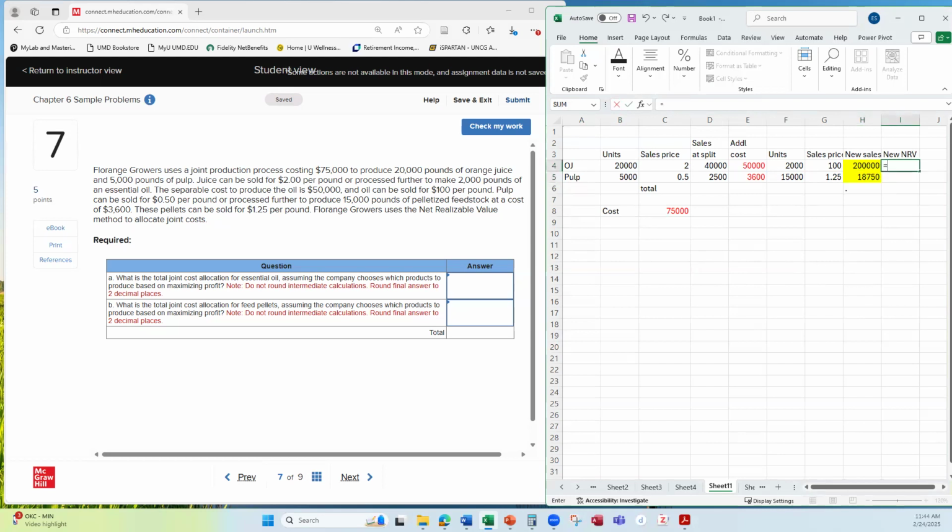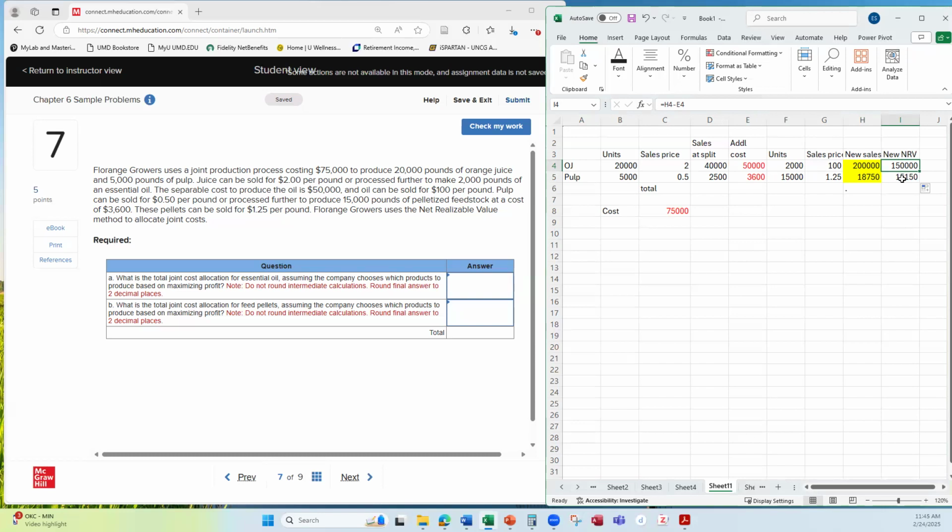And then the net realizable value is the new sales minus the additional cost. So we would have a net realizable value of $150,000 for the orange juice versus $15,150 for the pelletized feedstock.